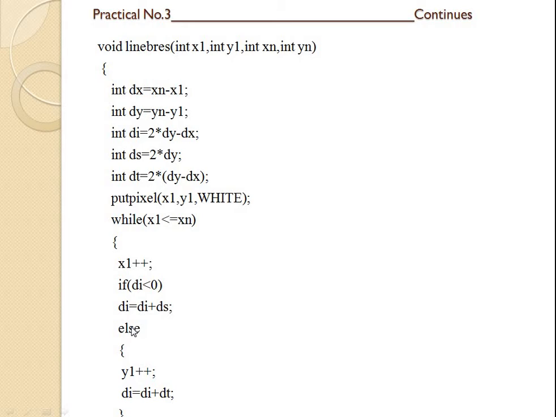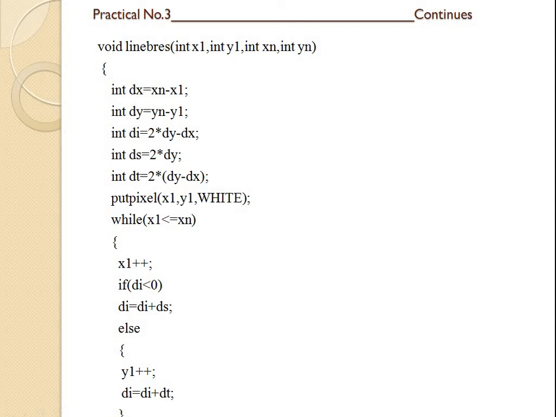Else, if the decision parameter is greater than 0, then the y1 value is increased and we calculate the decision parameter value, that is di is equal to di plus dt. Here dt means 2 into dy minus dx, so the formula is di is equal to di plus 2 into dy minus dx.